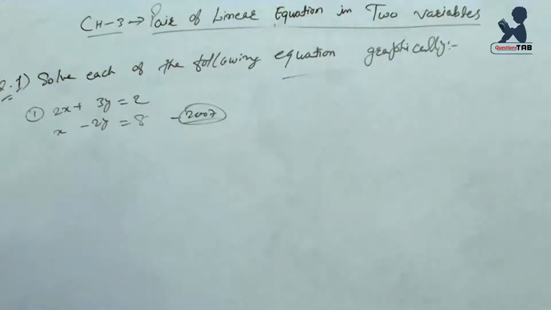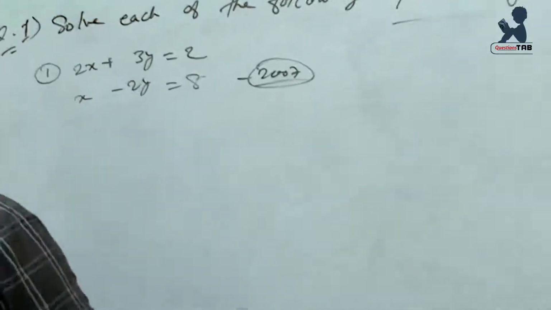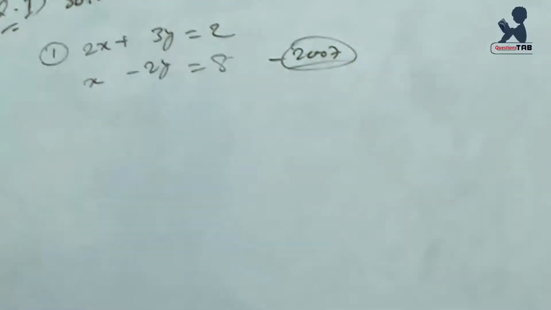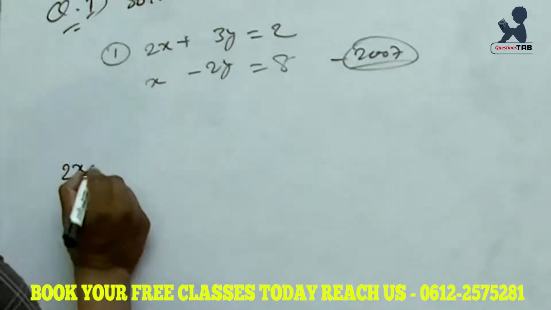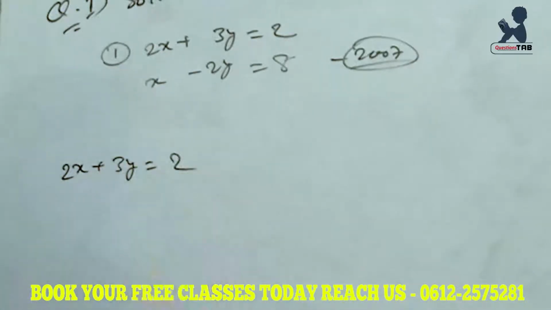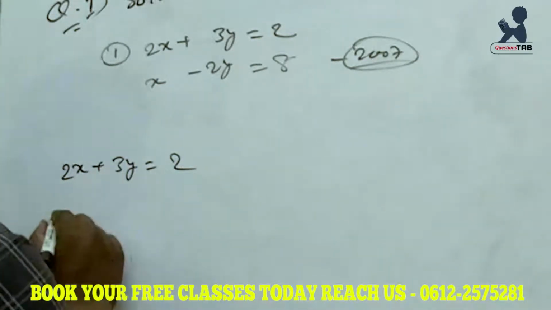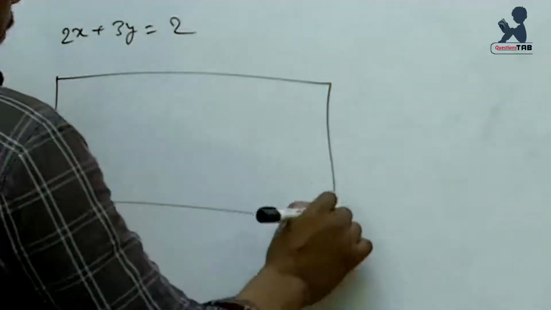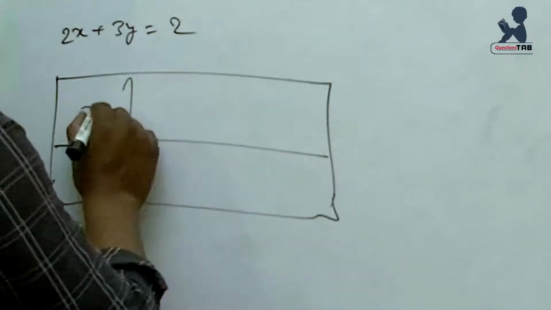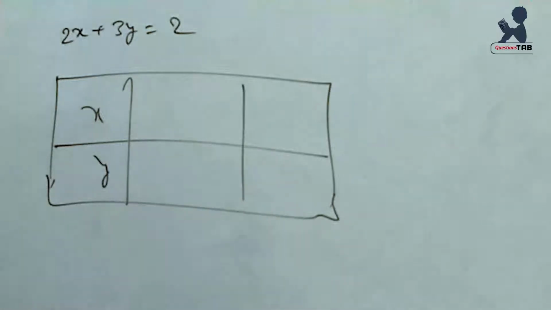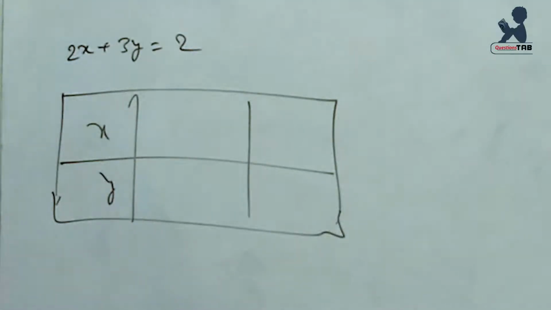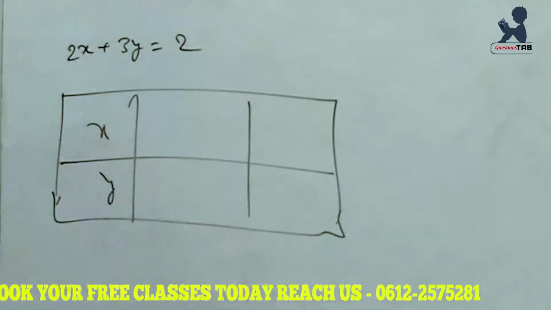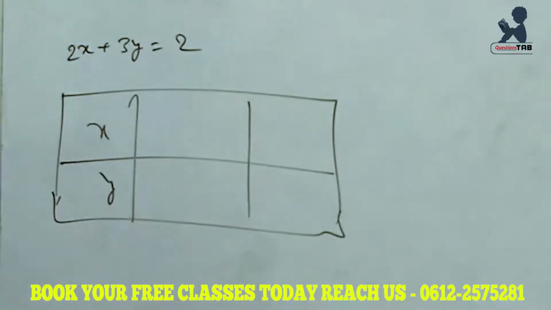2x plus 3y equals 2. First we have to find the points, so make a tabular column with x and y, and take a suitable value of x for which we get a suitable value of the other one.